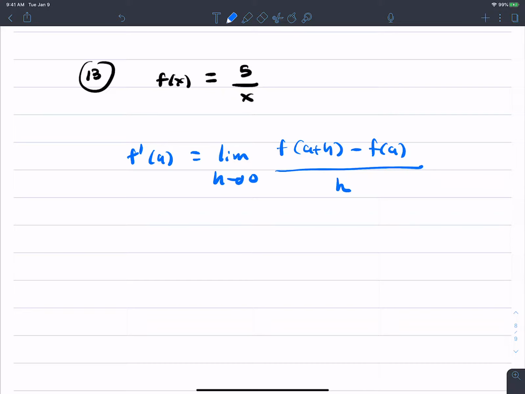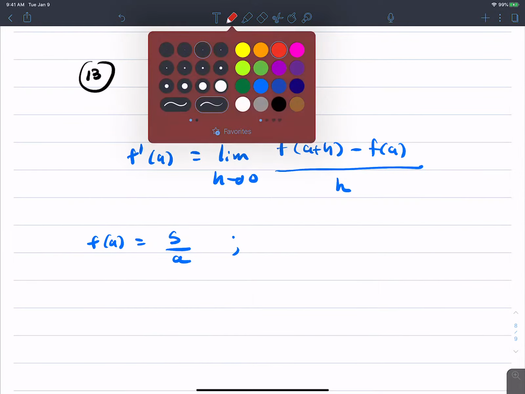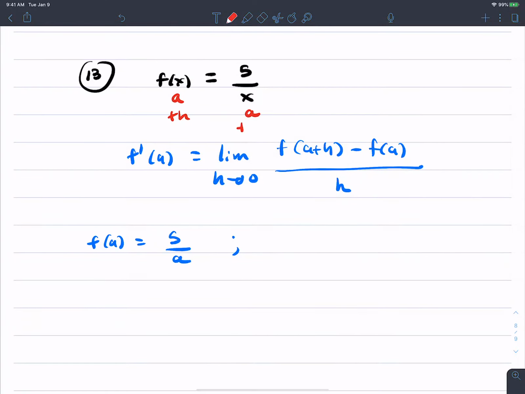All right. So you guys know the drill. Plug in a to the function, and you have f of a is 5 over a. Plug in a plus h. F of a plus h is 5 over a plus h.